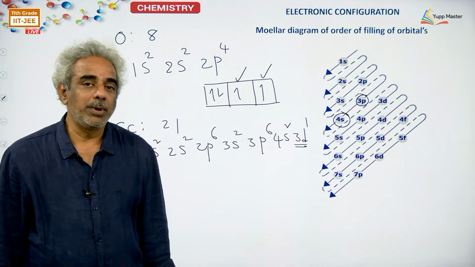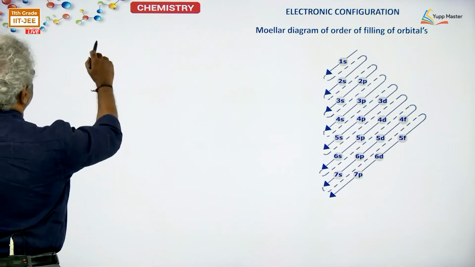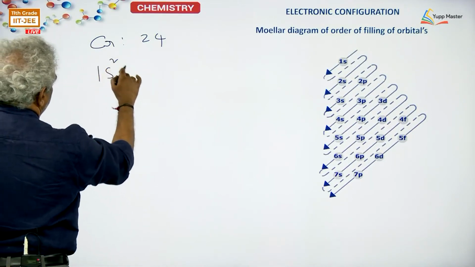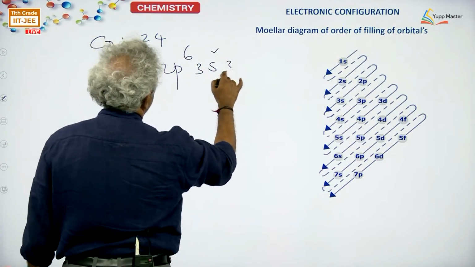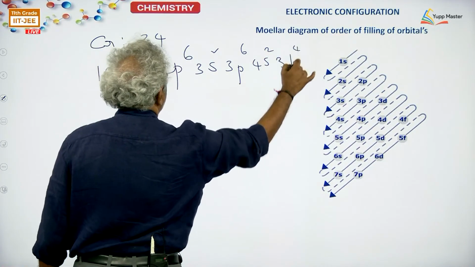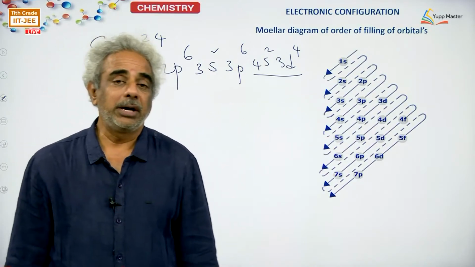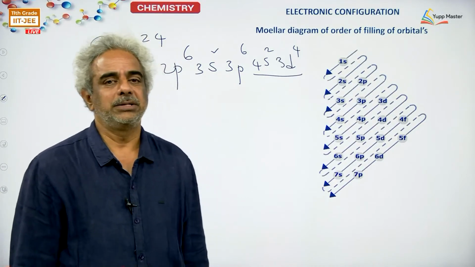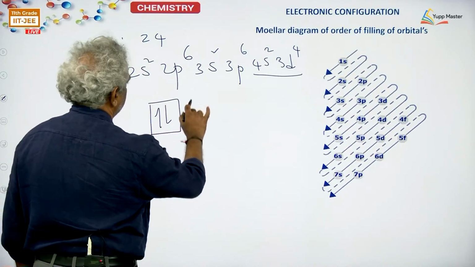Now let us go to chromium, whose atomic number is 24. 1s2, 2s2, 2p6, 3s2, 3p6, 4s2, 3d4. Actually, this I have written according to this order. But in a real chromium atom, the configuration is rearranged. It will not be like this. This 4s2 is a completely filled orbital.